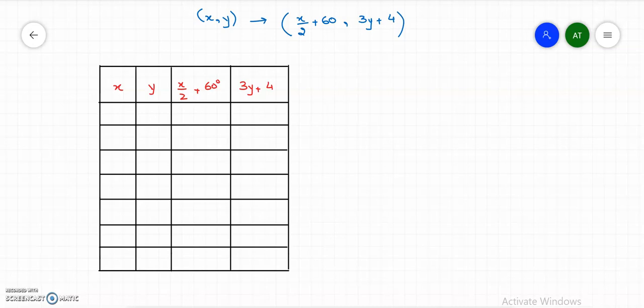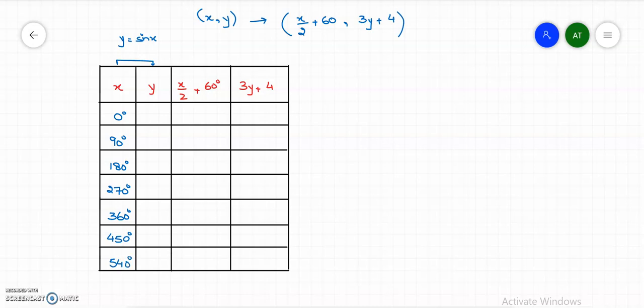Okay, so I would like to fix the x values for the base function. The base function in this case is y equals sine x, because we are dealing with the sine function. I would like to fix x equals 0 degrees, 90 degrees, 180 degrees, 270 degrees, 360 degrees, 450 degrees and 540 degrees, adding 90 each time.